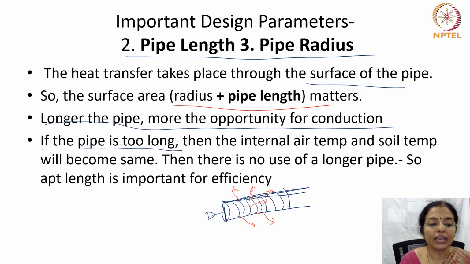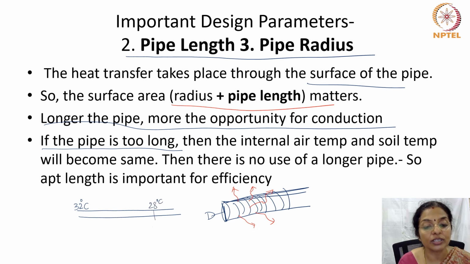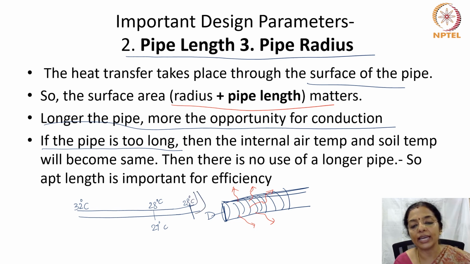So if you have an optimal pipe length where the temperature of the soil, say the air that comes in here is 32 degrees centigrade, and by the time it reaches here it is 28 degrees centigrade, because the soil temperature is about 27 degrees centigrade, then any further movement of the air is only going to minimally improve the air temperature.